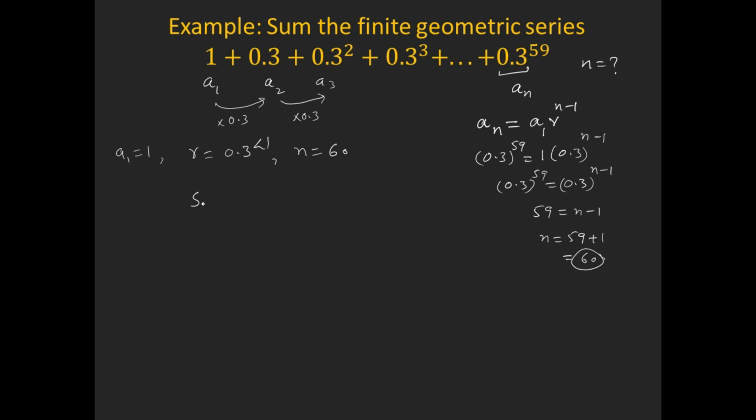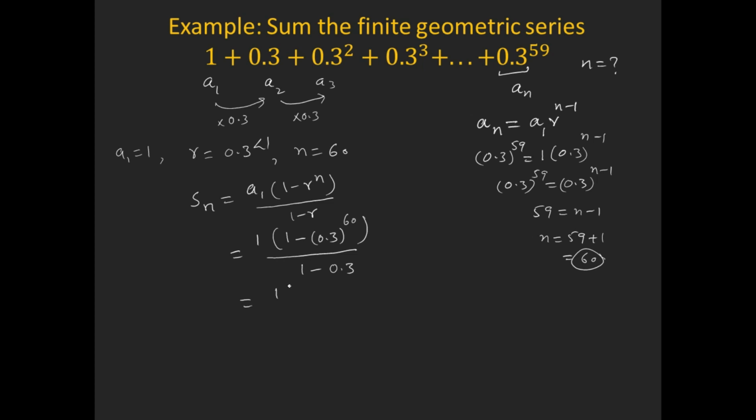So the formula is Sn equal to the first term multiplied by (1 minus r power n) divided by 1 minus r. So 1 is the first term, and 1 minus r power, what is r? 0.3 power 60, divided by 1 minus r. What is r? 0.3.